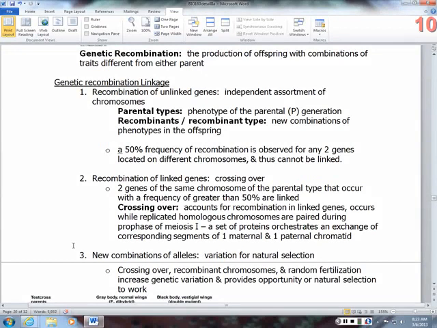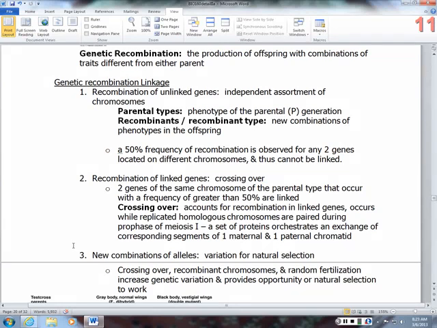So how we get this genetic recombination: you're going to have recombination of unlinked genes. This will occur by independent assortment of the chromosomes. So you have the phenotype of the parent in the P generation, and then the recombinant type is the new combinations of phenotypes that you have in the offspring.